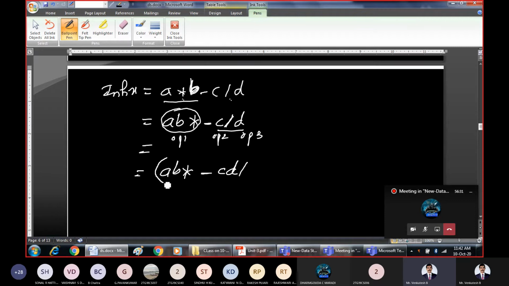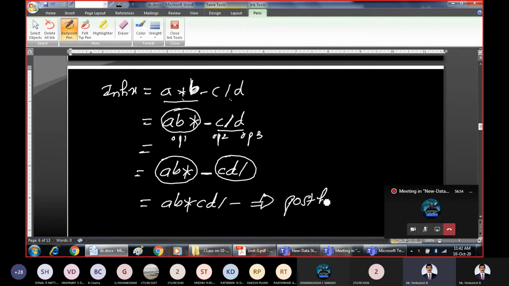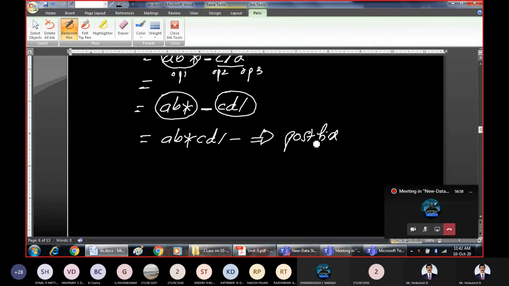After this, this becomes a small sub expression, one operand, and this is another operand. We have two operands now and one operator. Write the first operand AB star, then the second operand CD slash, then the operator minus. And this is in its postfix form.